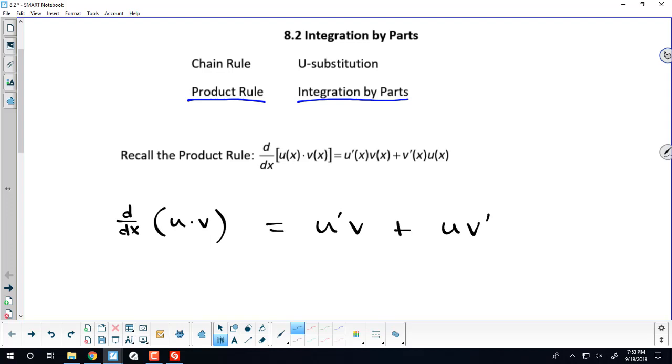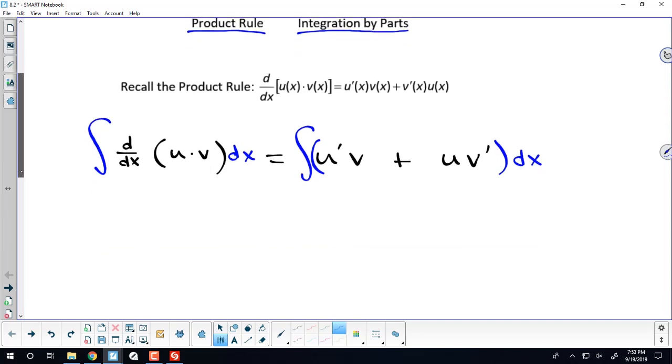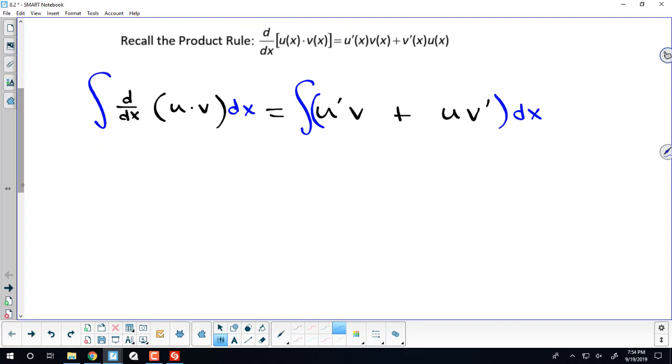Okay. So there's our product rule. We're going to take the antiderivative with respect to x. And so the left-hand side, the antiderivative and the derivative undo each other. So the left-hand side is just uv.